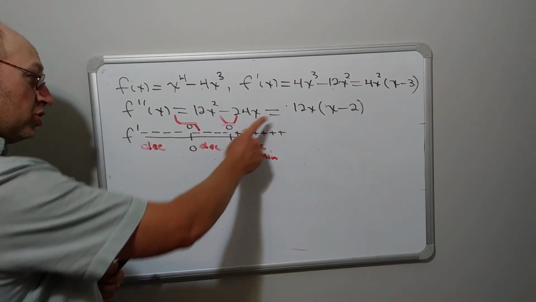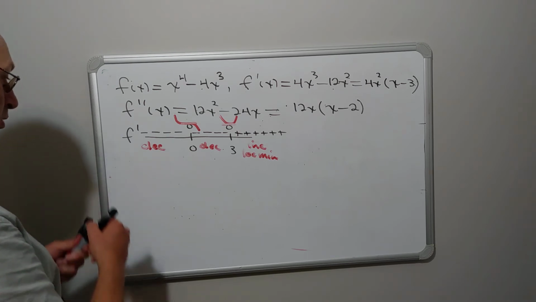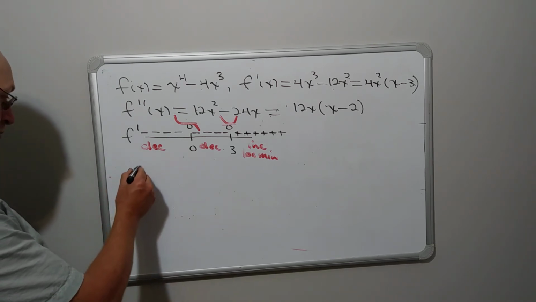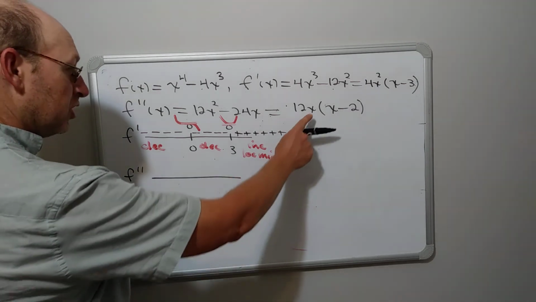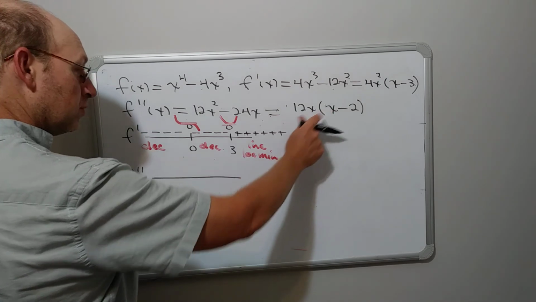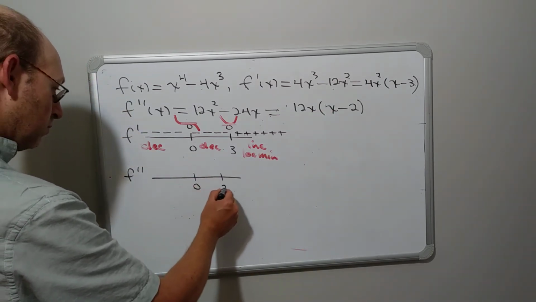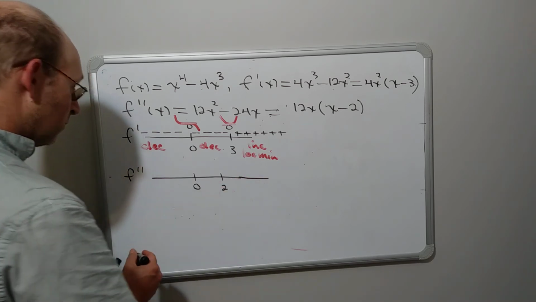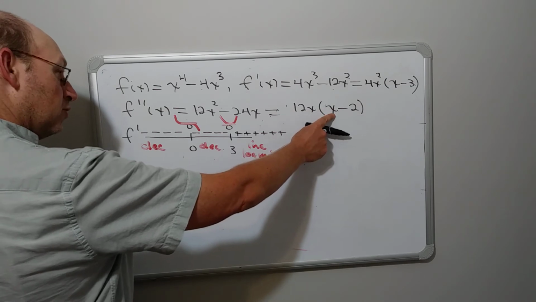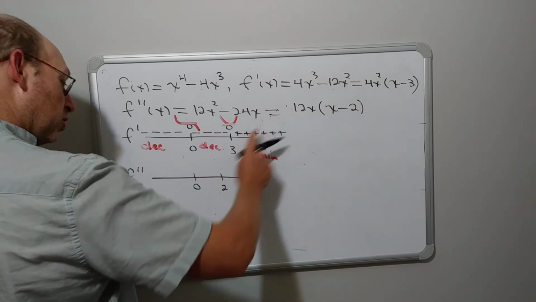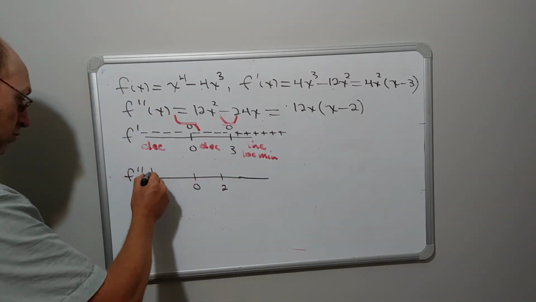Let's repeat the process for the second derivative to figure out the sign changes. So f double prime changes sign at 0 and 2. Alright, plug in -3. A negative times a negative is a positive.